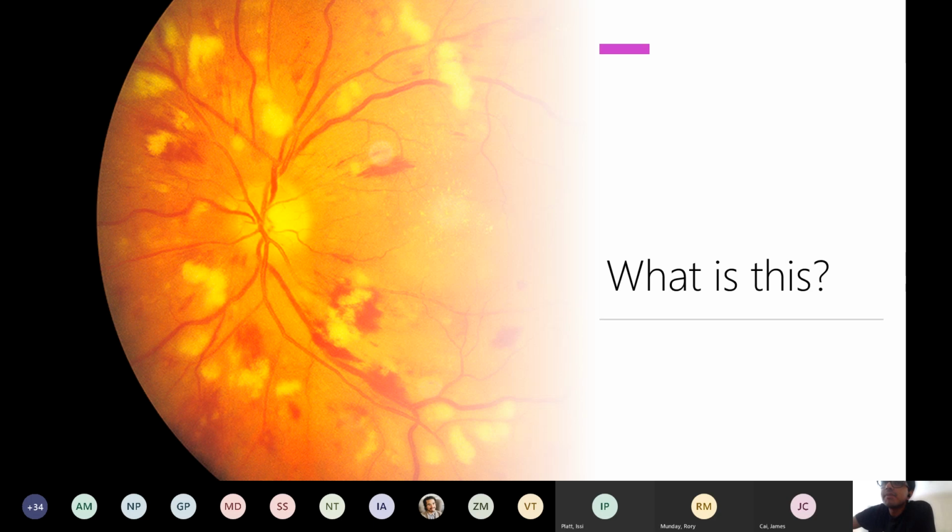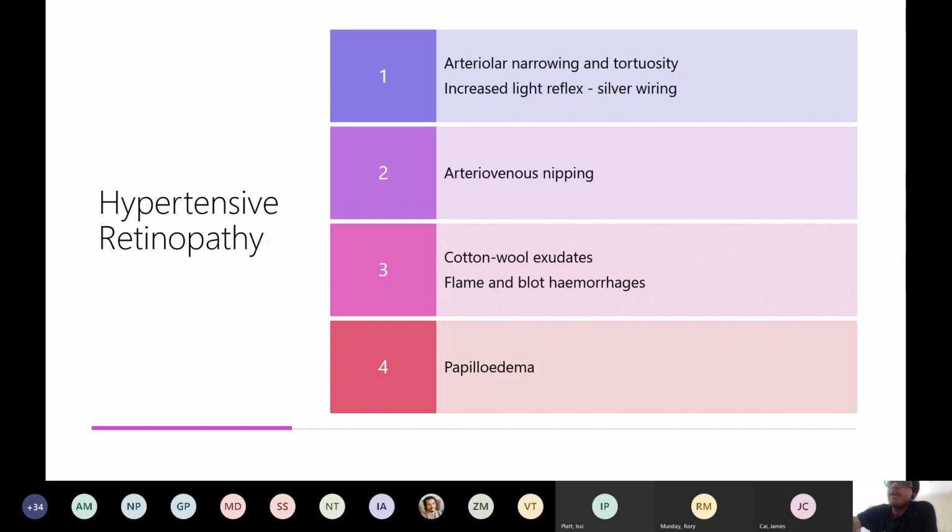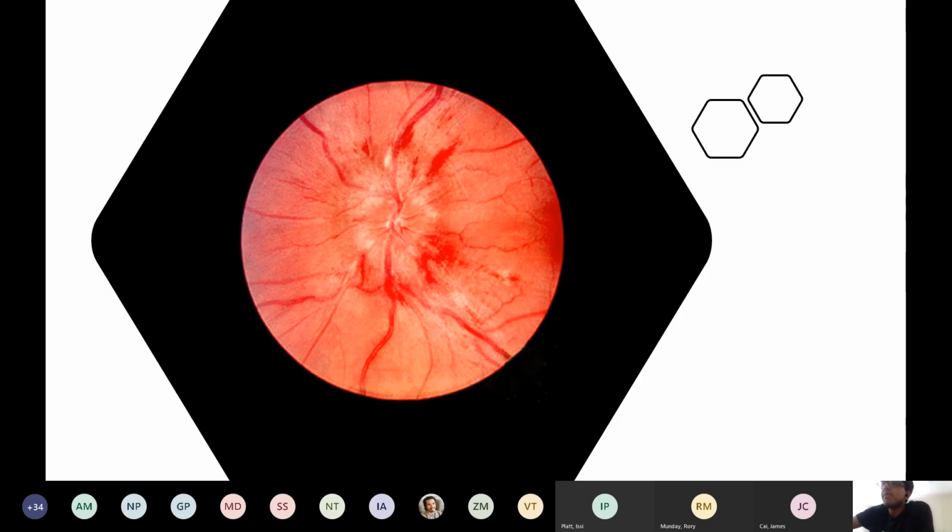There's a bright circle in the middle. That means that's a normal optic disc. In papilledema, you just lose the margin of the optic disc. You can barely tell where it starts and where it ends. So that's the sign you're going to be looking for.